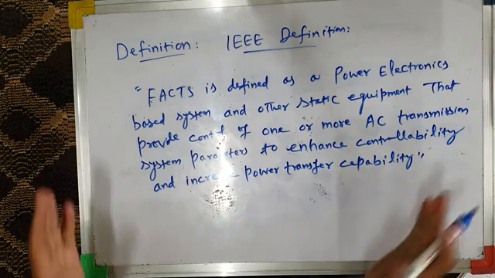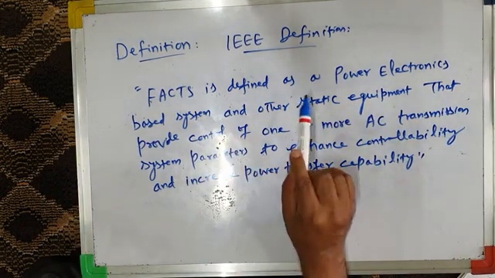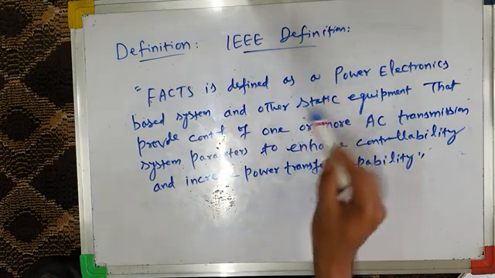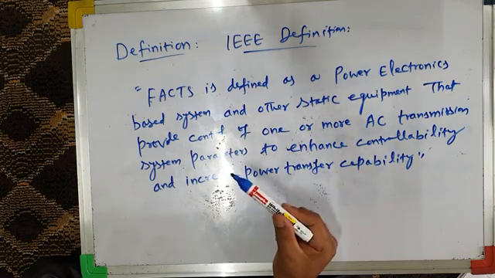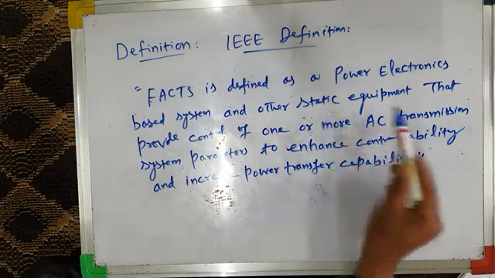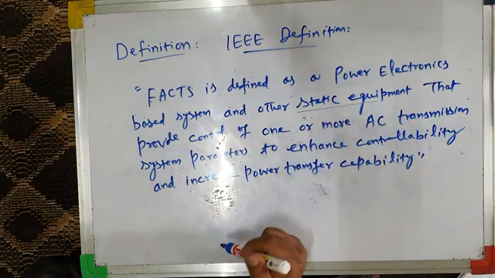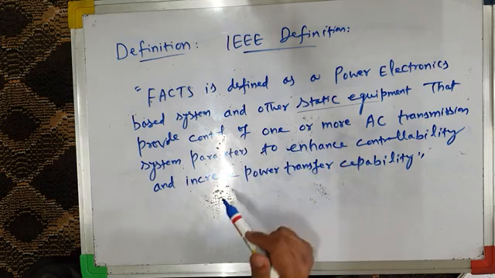It's very simple and a very lucid definition. FACTS is defined as a power electronics based system and other static equipment. So it comprises power electronics based converters or other systems like thyristor based systems and other static equipment. When we say other static equipment, it may mean inductor banks or capacitor banks, I mean magnetics, which are also static in nature.